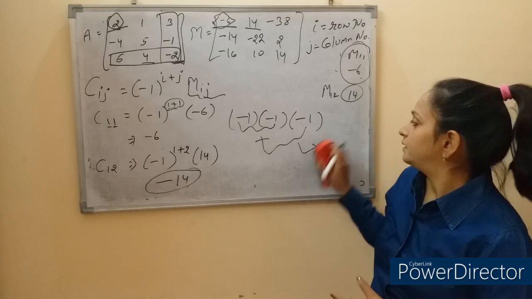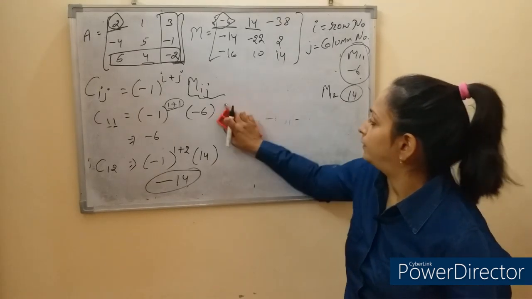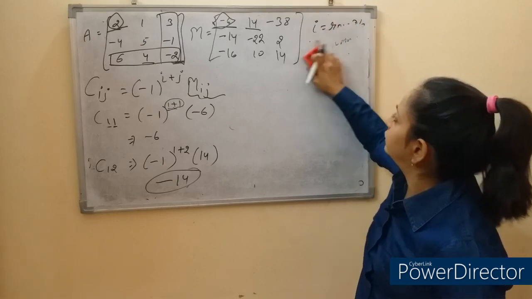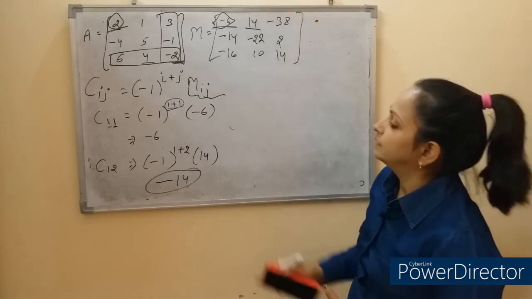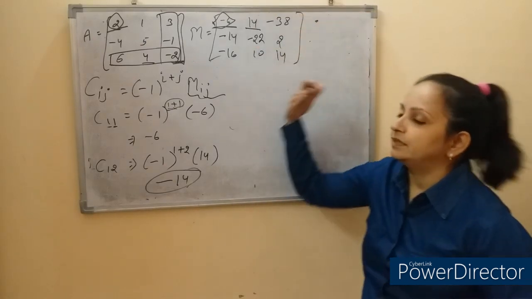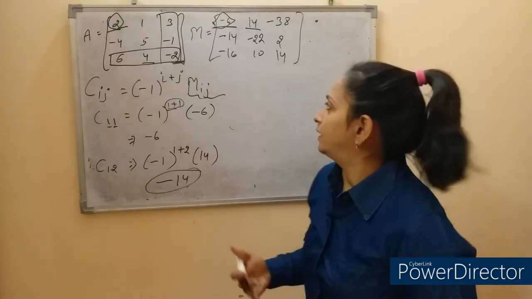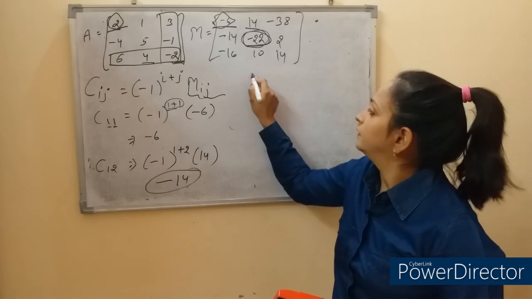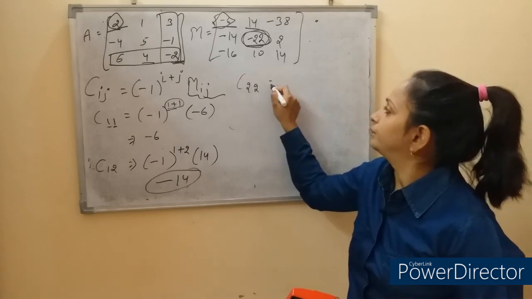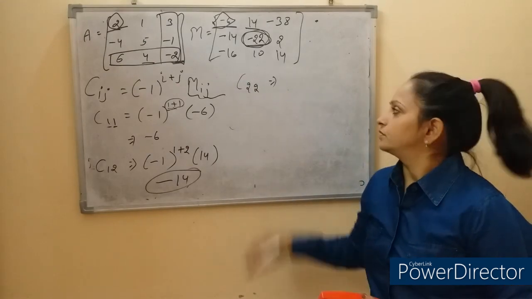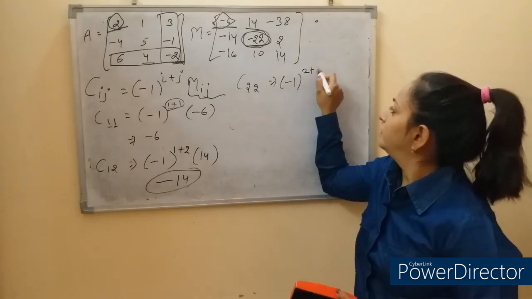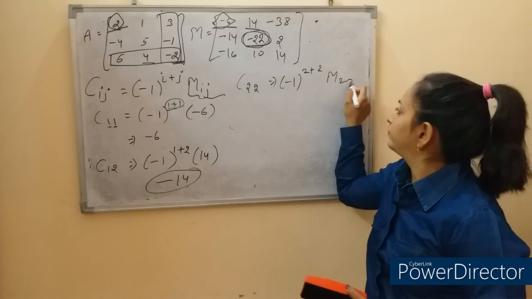Okay, so this is a way to find the cofactor of the given matrix. You can find the cofactor of every element, C12, C13, C23, all the elements. Just like if I want to find the cofactor of this, that is C22, second row, second column. So I will write here minus 1 raised to power 2 plus 2 M22.